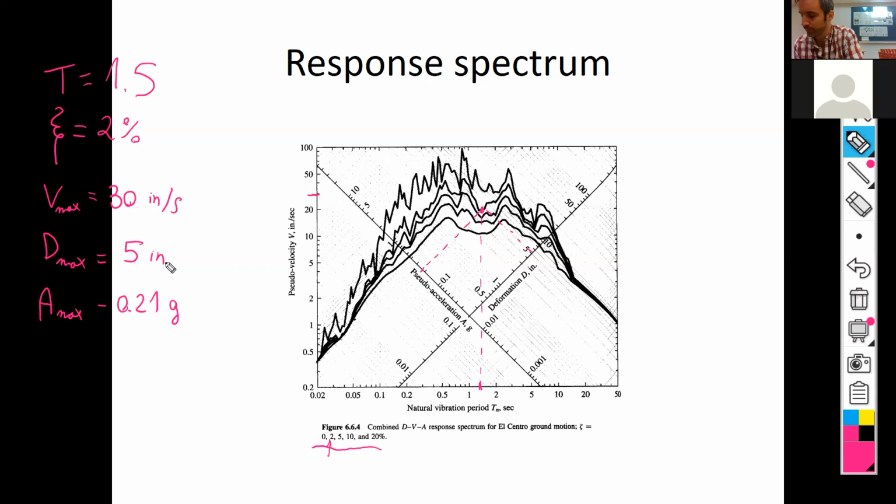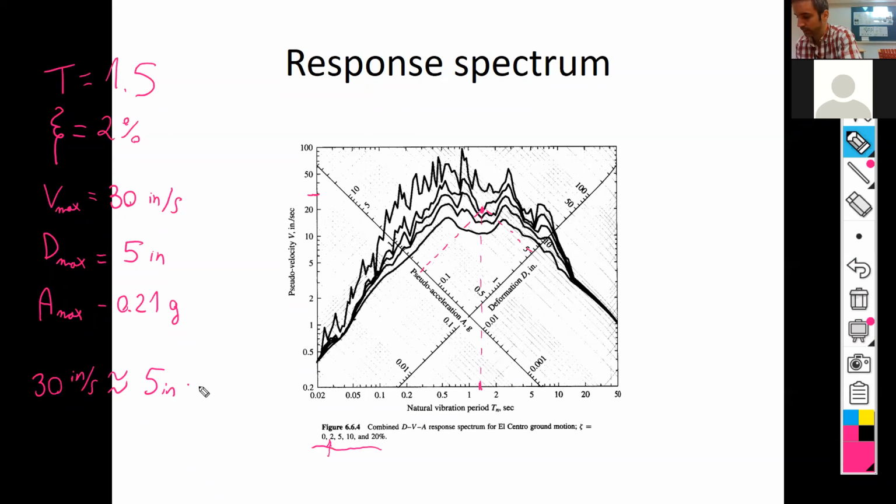And again, it should be the case that the speed, 30 inches per second, is more or less equal to the displacement, 5 inches, times omega.